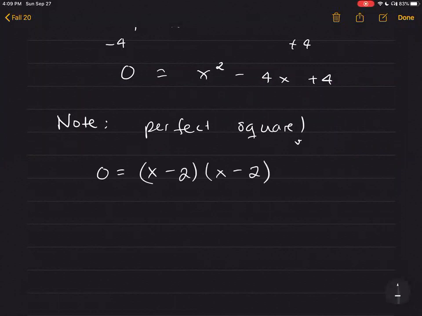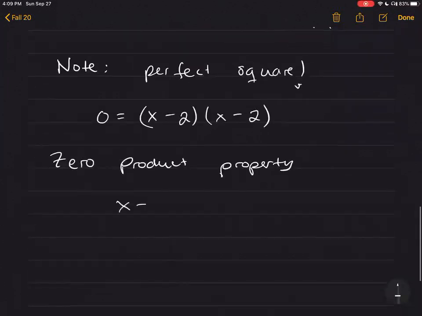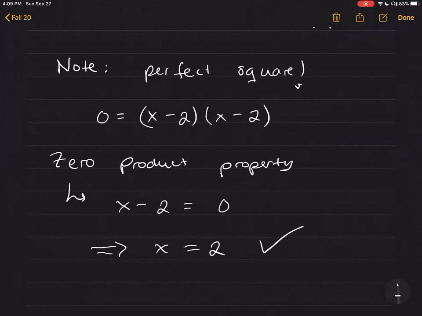So now, if we apply the zero product property, in both cases, we get that x minus 2 equals 0, which implies that if we add 2 to both sides, x equals 2. So that would be our answer.